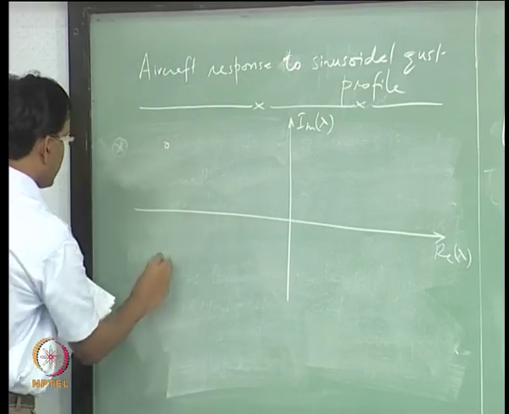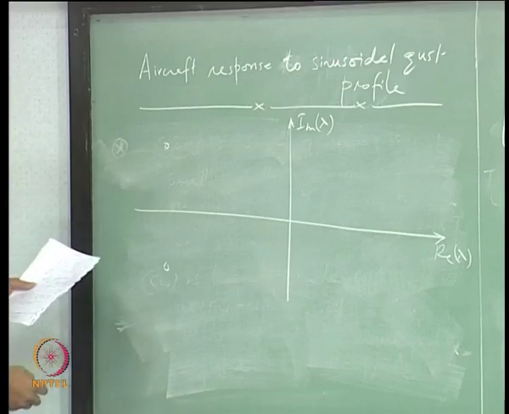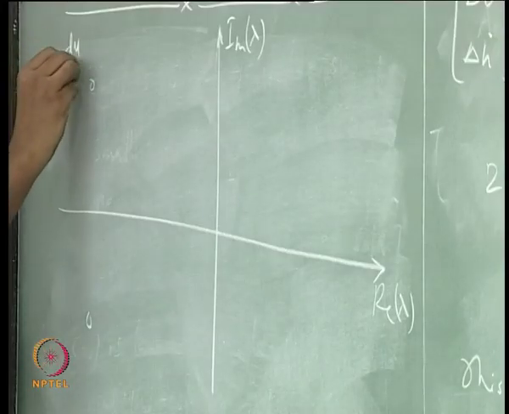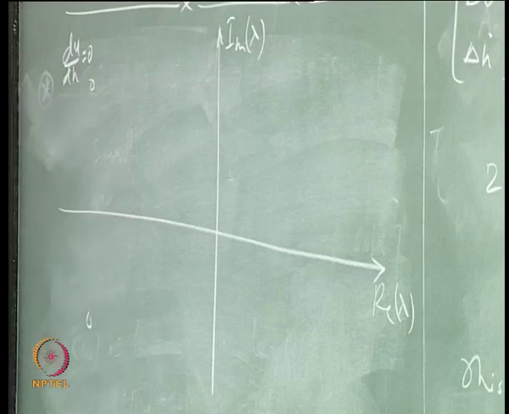So we are starting at this point when du over dh is 0.